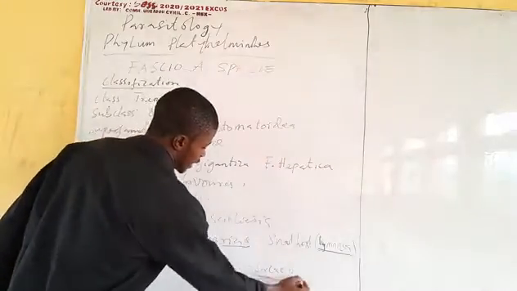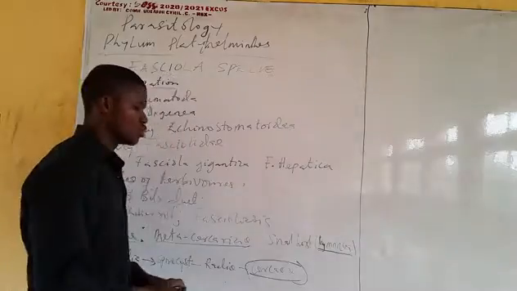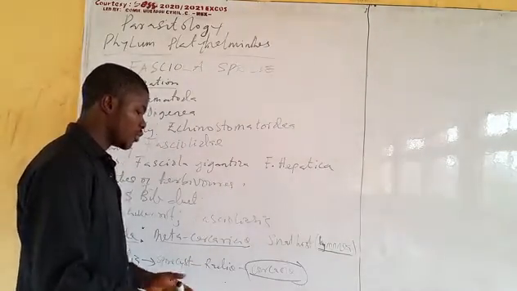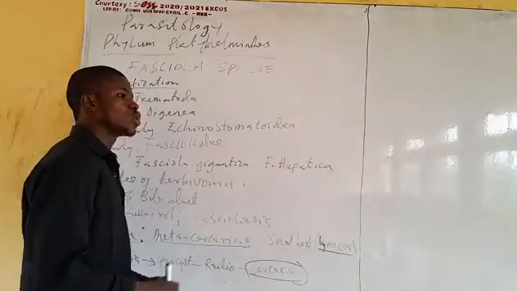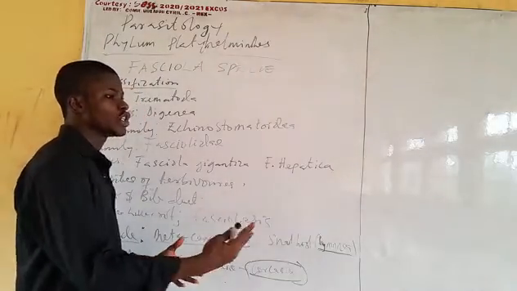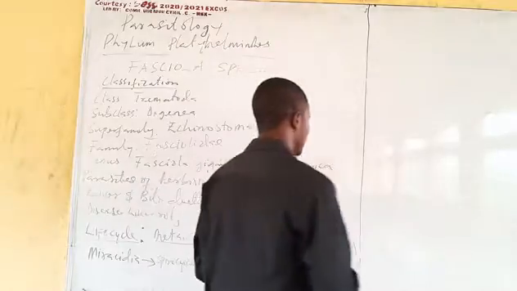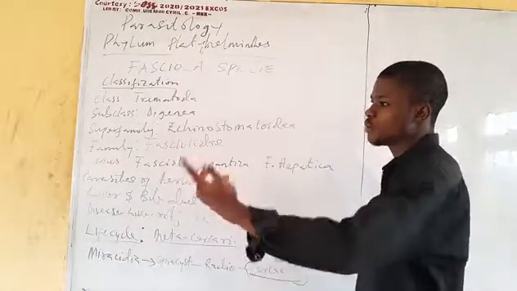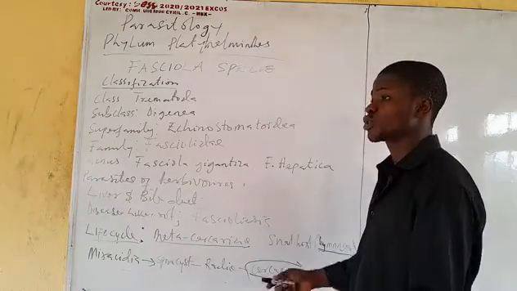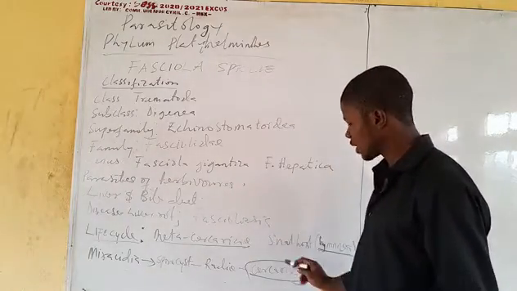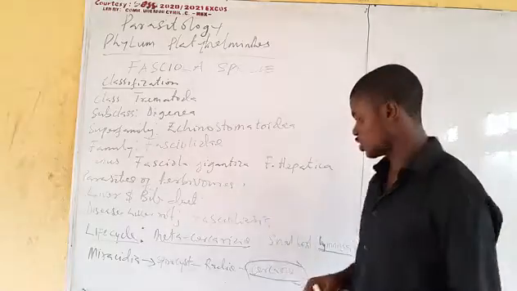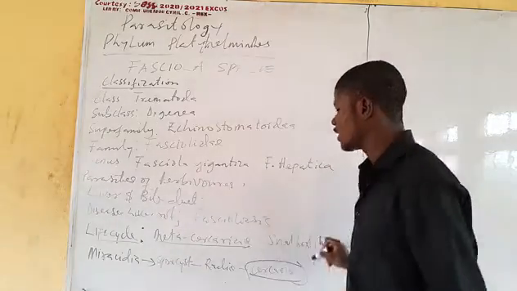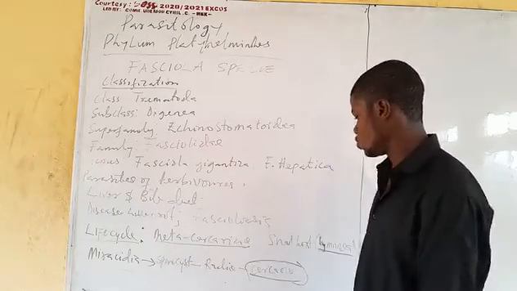When the sheep and cattle come to feed, they might take up this infective stage again, and the cycle continues.